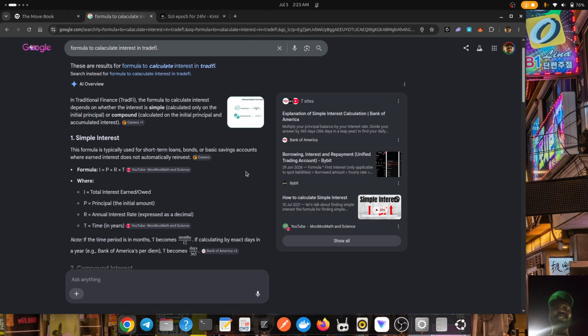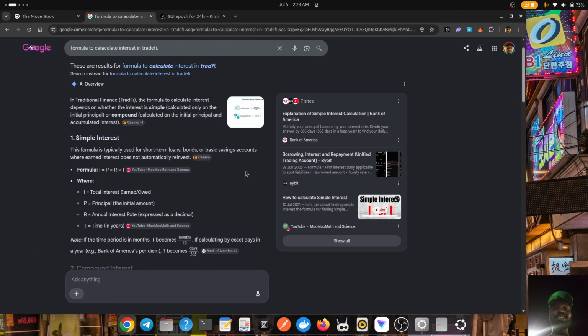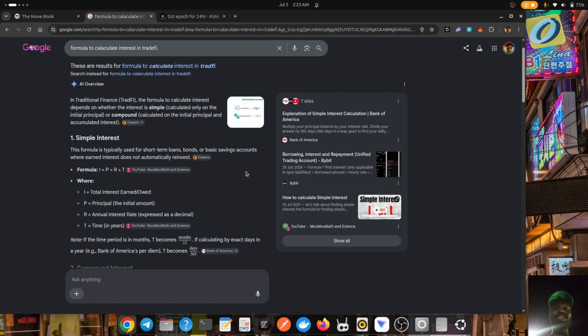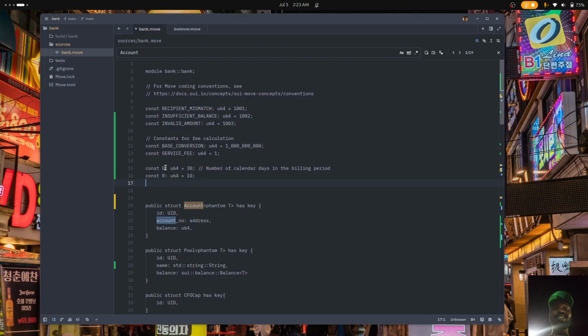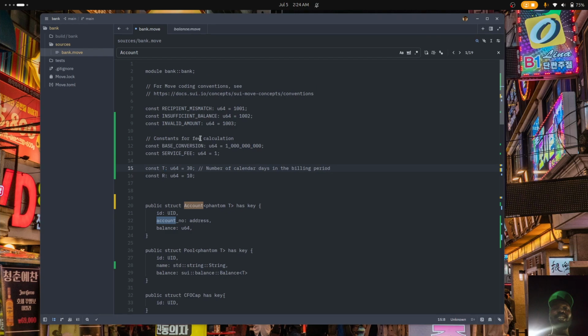Total interest, and principal, initial amount, and annual rate, and time. This is time in years.